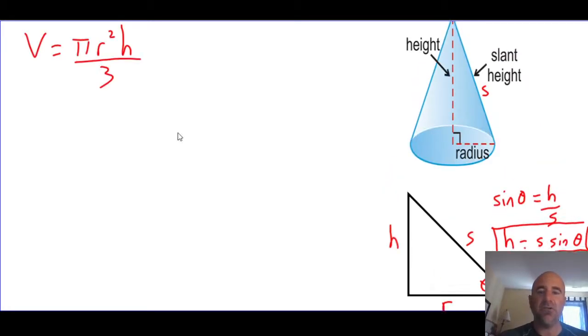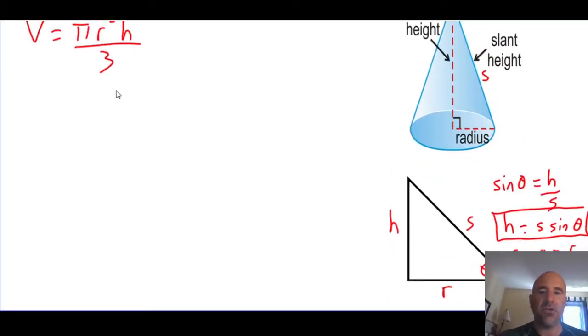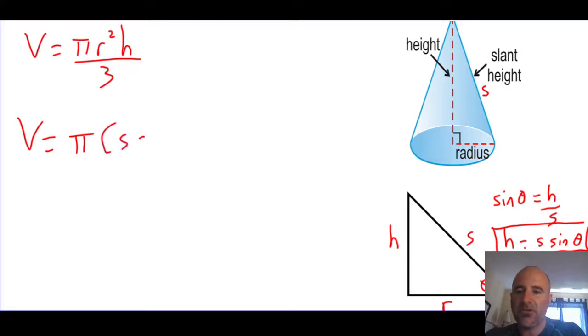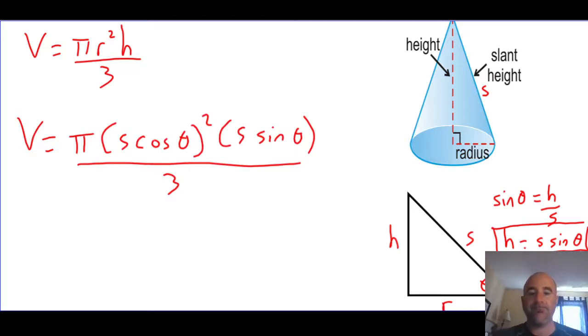I'm going to plug them into the equation, so the volume of this cone is pi times R squared, which is now (S cos theta) squared, times the height, which is S times sine theta, all divided by 3.